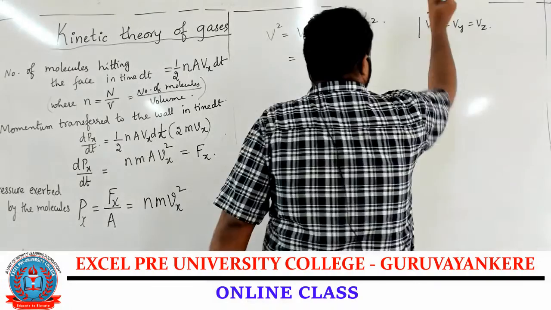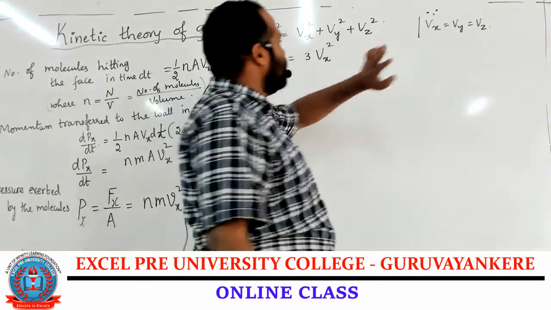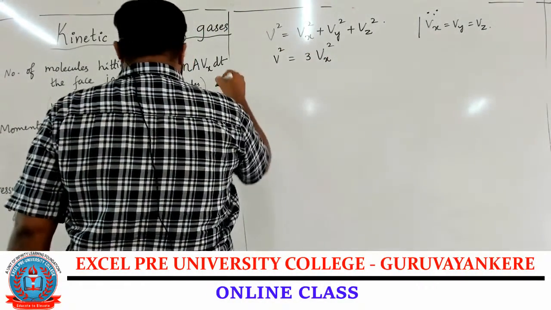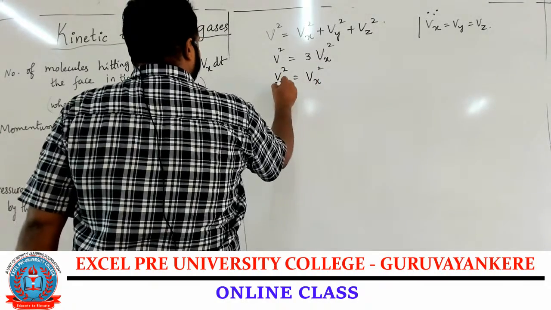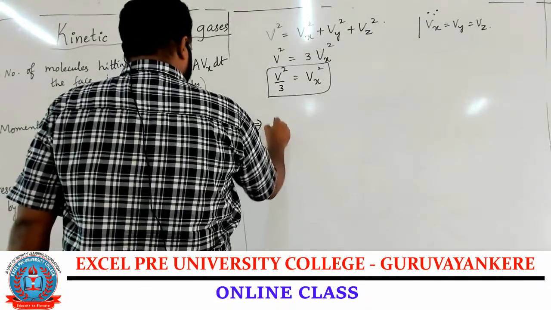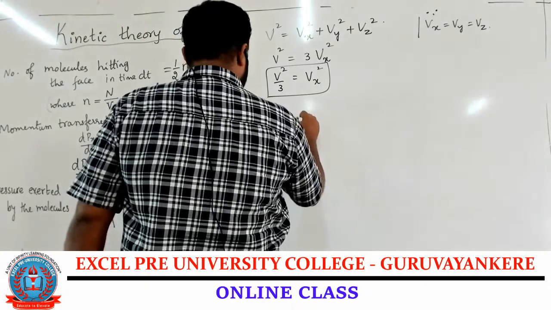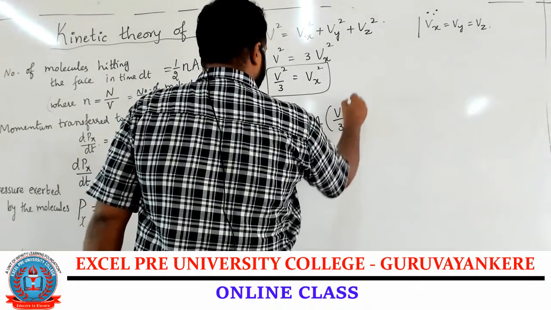Since the magnitude of the velocity of these gas molecules which are in random motion will be the same in all three directions, then Vx square can be substituted by V square by 3. That implies pressure in every direction becomes n m V square by 3.